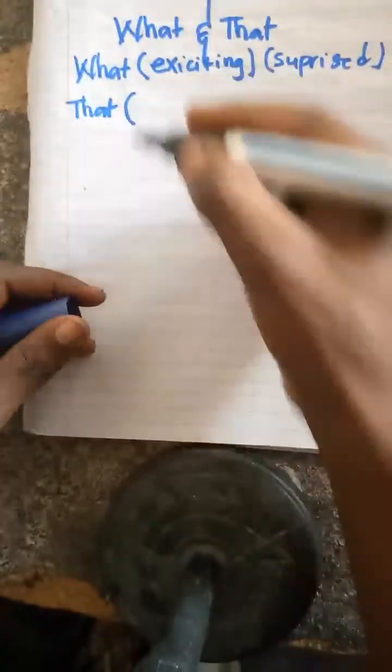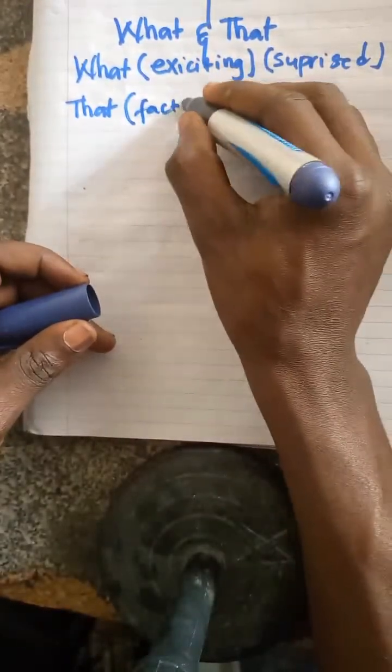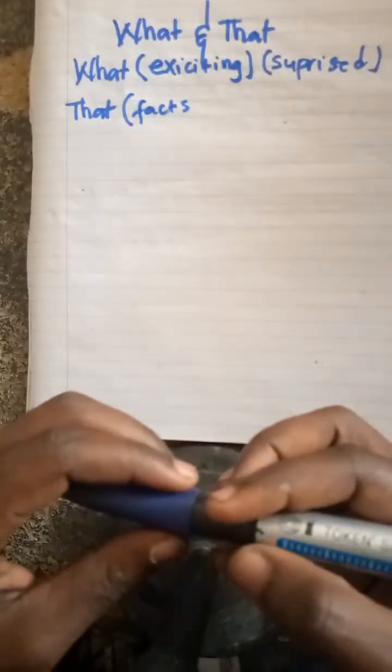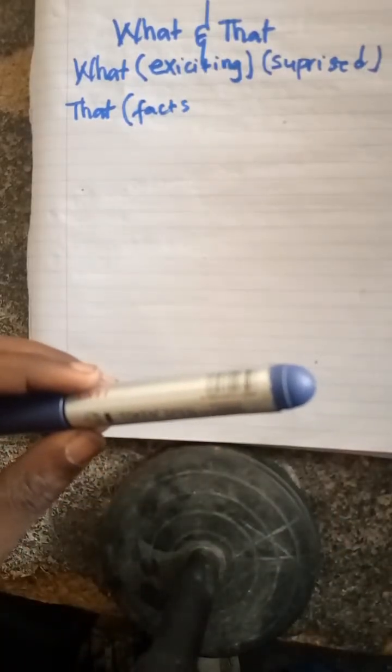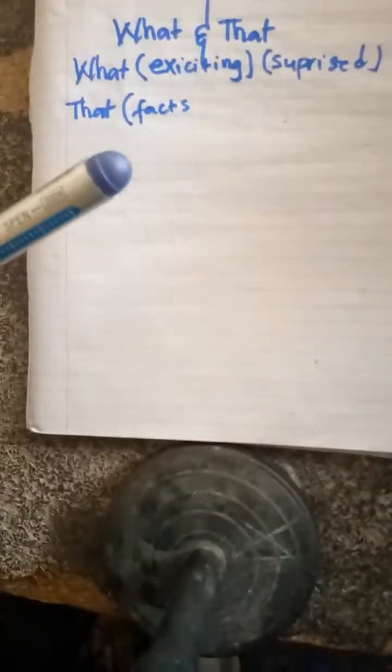Then when we talk about that, we mainly focus on facts. A fact is something that must be proven in order for it to be true. It needs evidence, because without it they are just claims which are not proven.